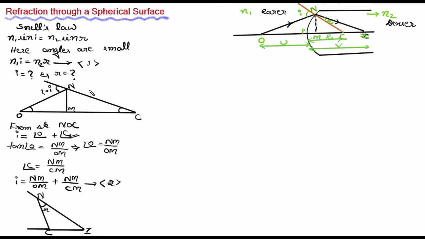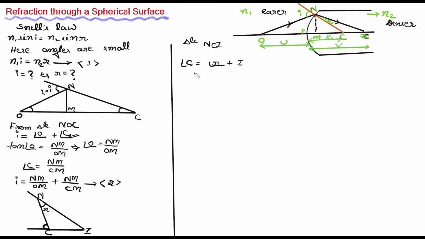In the previous triangle, we used the exterior angle definition, but here the exterior angle is actually angle C. So, what can be written here? We can write angle C is equal to angle R plus angle I. This is from the triangle NCI.